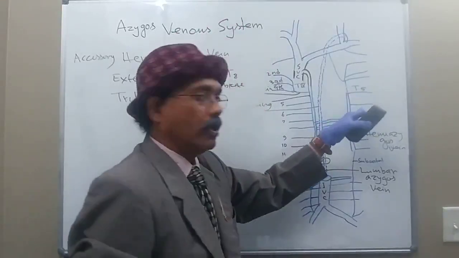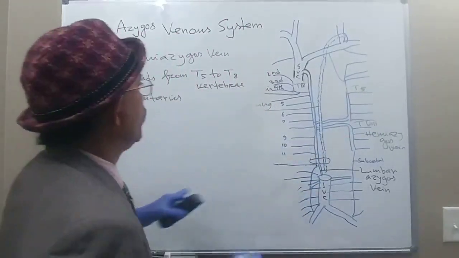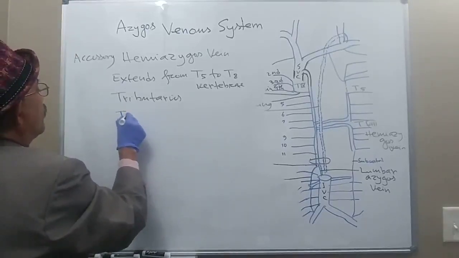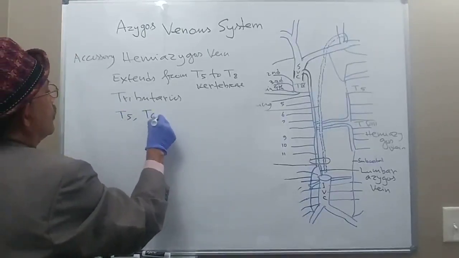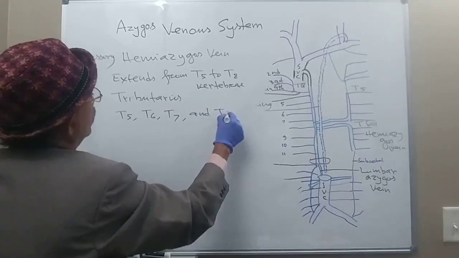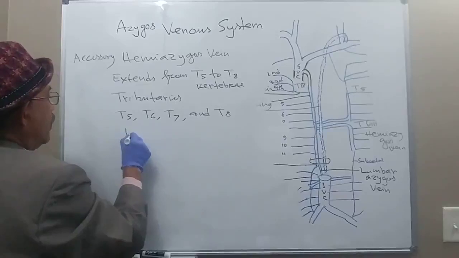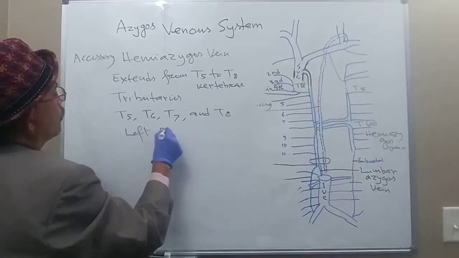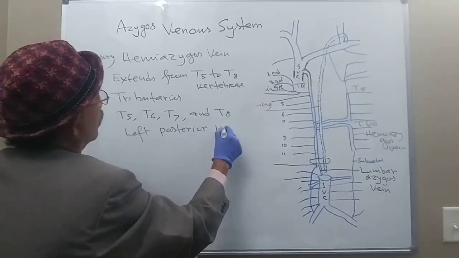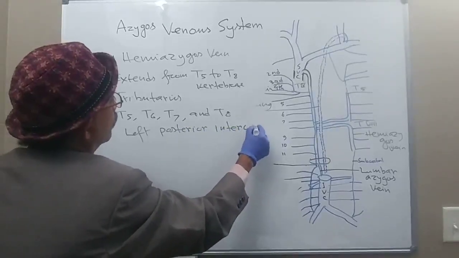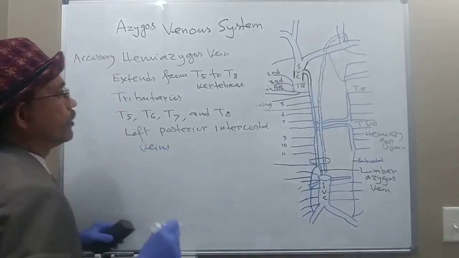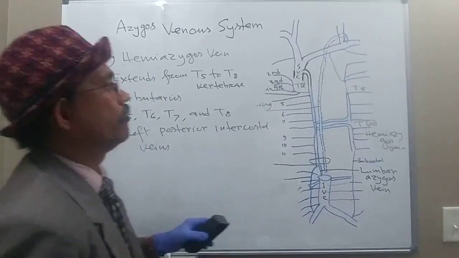These are the upper left posterior intercostal veins, the T5, T6, T7 and T8 left posterior intercostal veins. These are tributaries of the accessory hemiazygos vein.